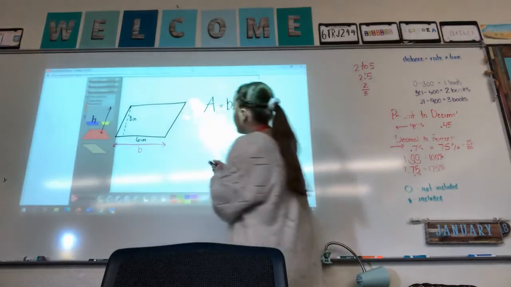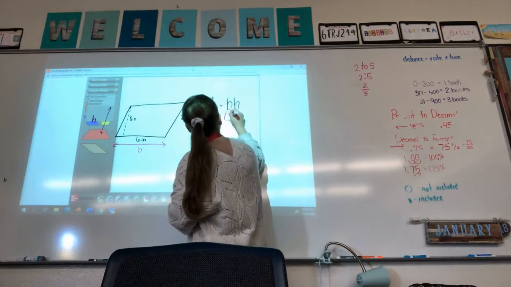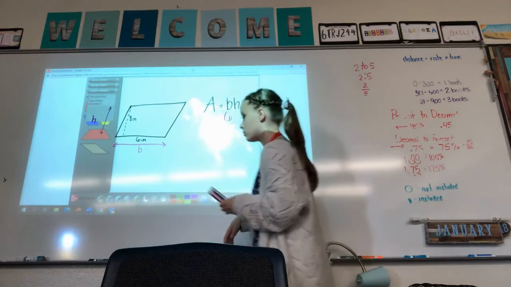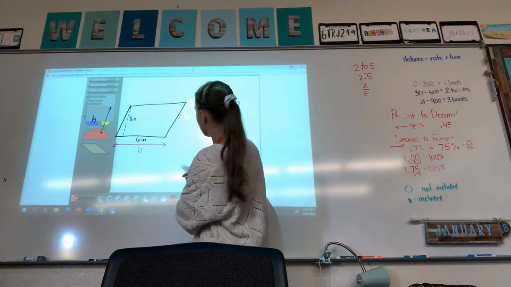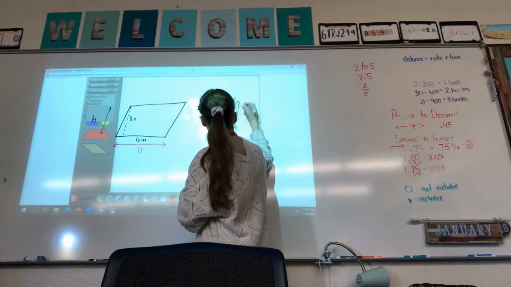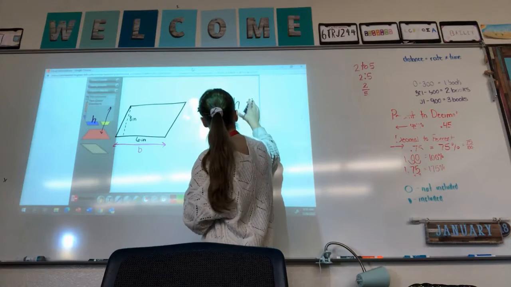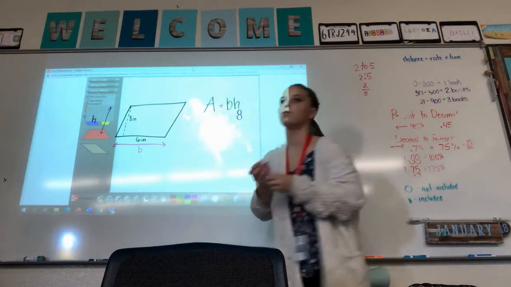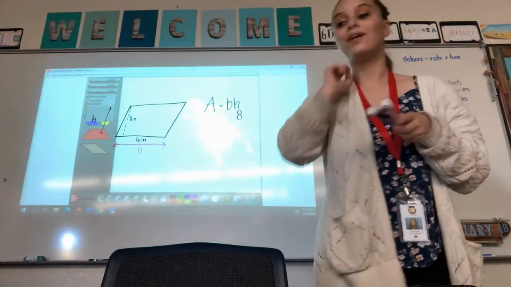So, area equals our base, which is 6, times height, which is 8. All right, what's 6 times 8? 48.